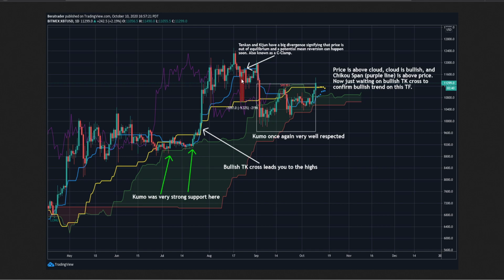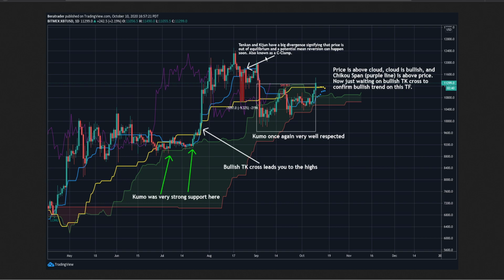So you could see Tenkan from Kijun was over 9% difference in price. So there's a big divergence there telling you that there's a possible move to the downside. And I wouldn't say this is a perfect example, but this is also known as a C-clamp.